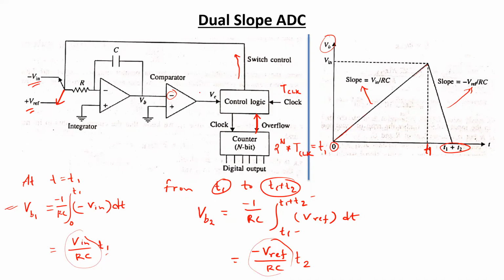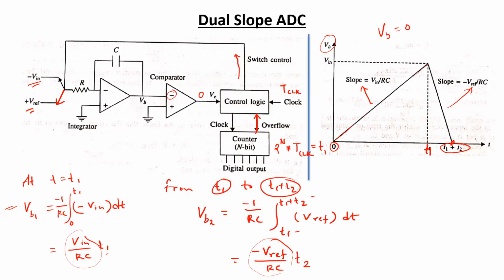So the comparator is going to send a zero signal, and as long as the control logic unit is getting a zero or low signal from the comparator, it's going to pass the clock pulses towards the n-bit counter. When it reaches this point T1 plus T2, the value of VB is equal to 0, and beyond that the value of VB is supposed to be negative.